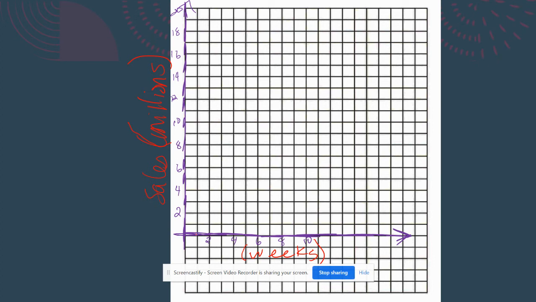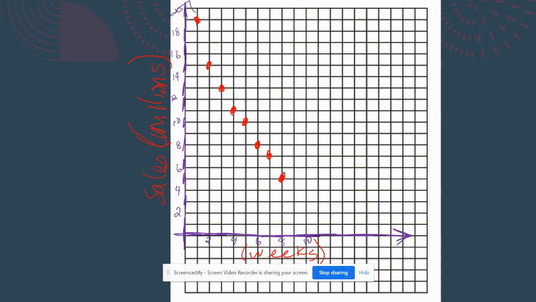So I have 1 week and 19 million. That's going to be right here. 2 weeks and 15 million. 3 weeks and 13 million. 4 weeks and 11 million. 5 weeks and 10 million. 6 weeks, 8 million. 7 weeks, 7 million. 8 weeks, 5 million.